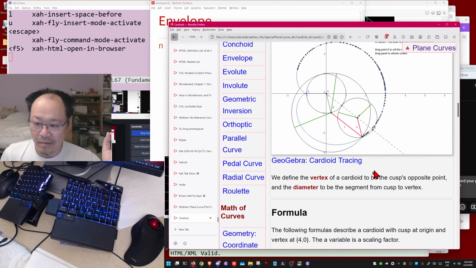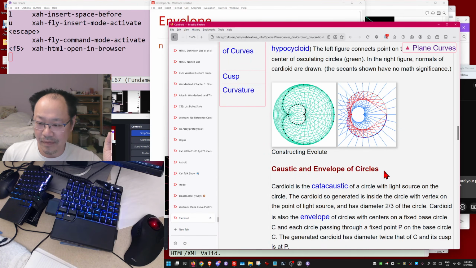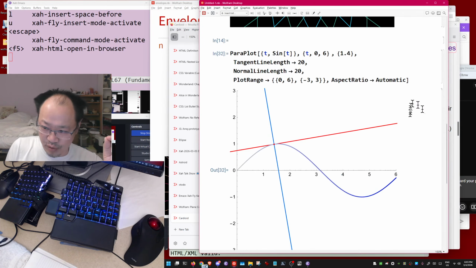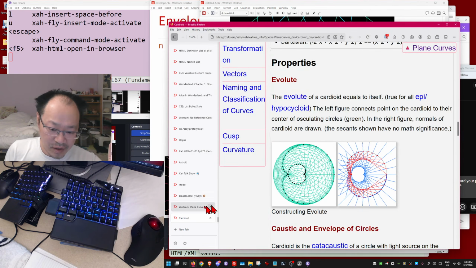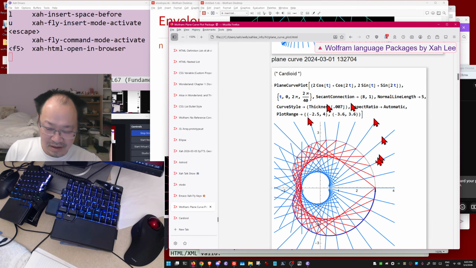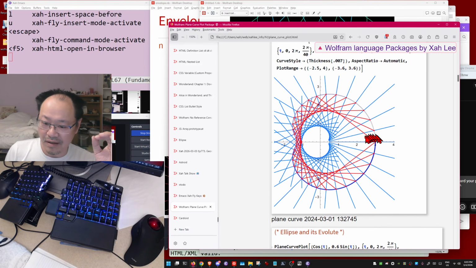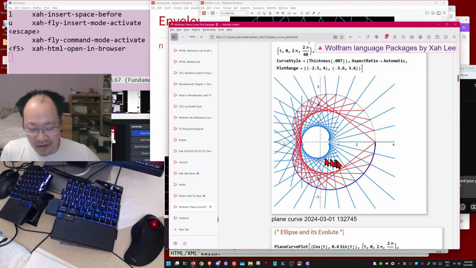Okay, now, you can see properties of the evolute. The evolute of a cardioid equals itself. Fascinating. So it is indeed true. That is what we were illustrating in this image, to show that the evolute is another concept.